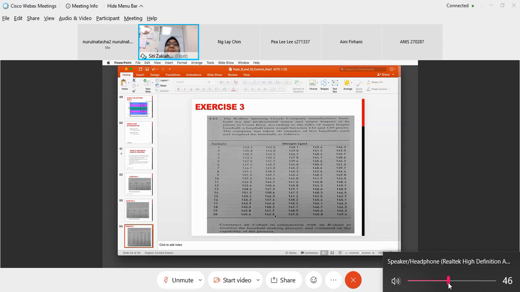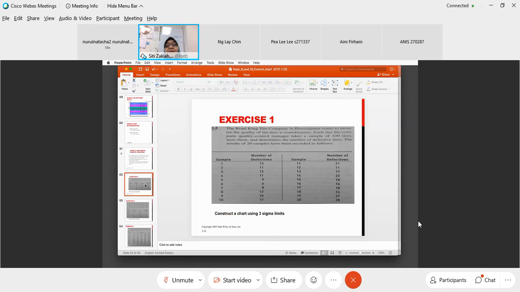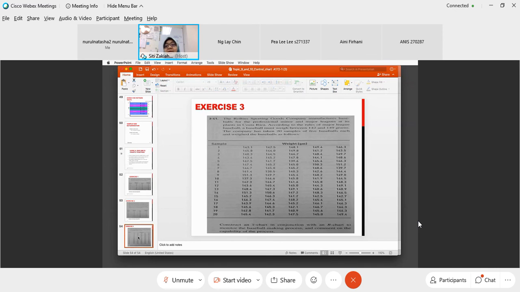I will put another work for the X and R chart; it will be in your classroom. You do these exercises 1, 2, and 3. The X bar chart I haven't put up yet. I only have put up 2 for the P and C chart.